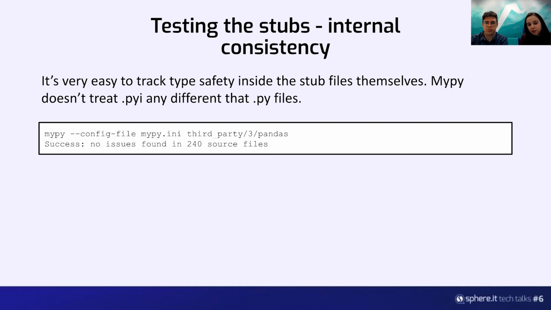So now let's see how we can test the stubs and what it means for the stubs to be correct. You may wonder, how do we assert that the stubs we implement or modify are proper ones? First of all, we might want to check internal consistency, which means that running Mypy checks on the stubs themselves is not showing any errors.